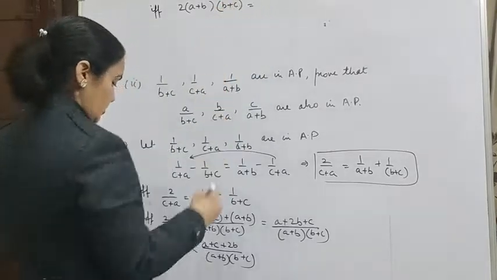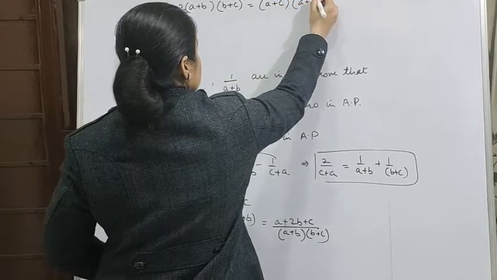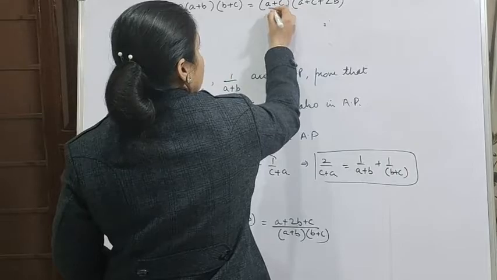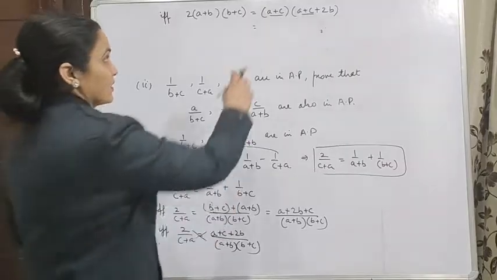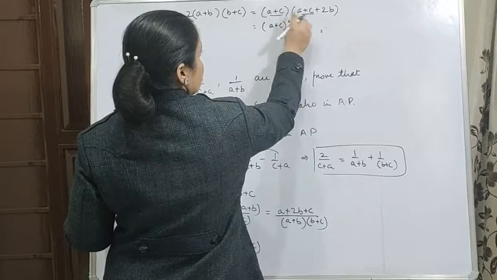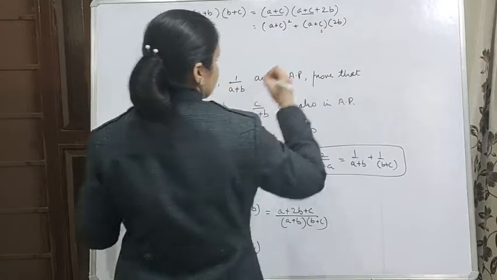will be now equal to A plus C into A plus C plus 2b. Let us now multiply a plus c with a plus c as a plus c whole square plus a plus c into 2b.